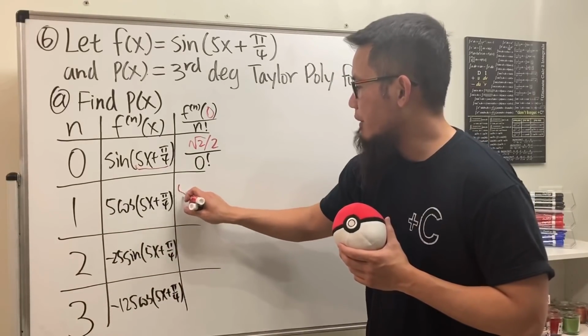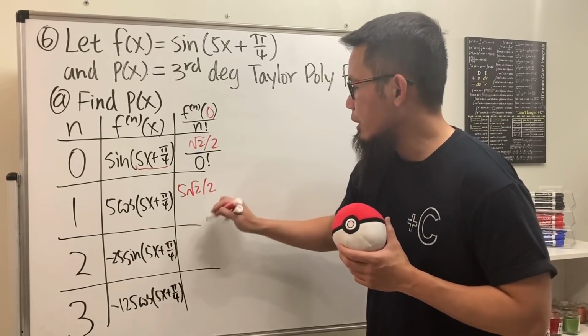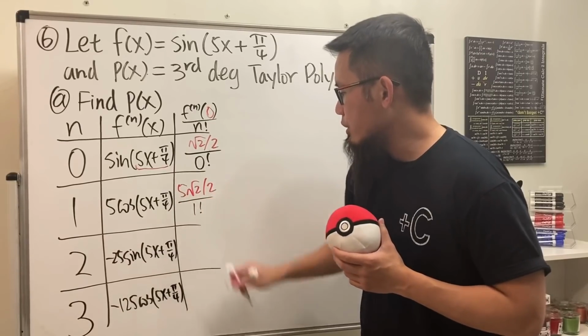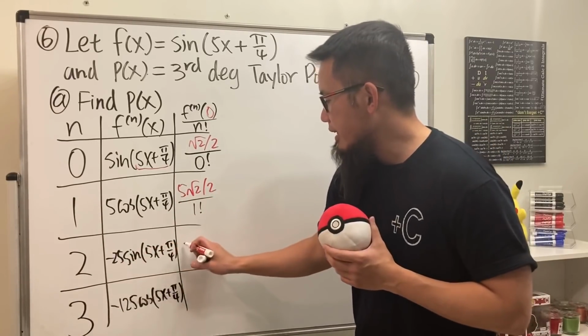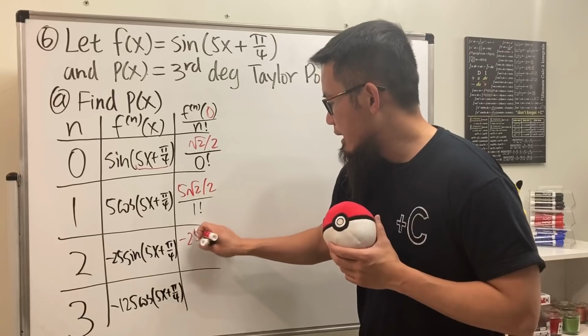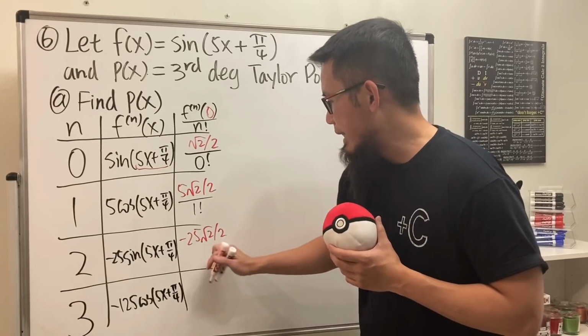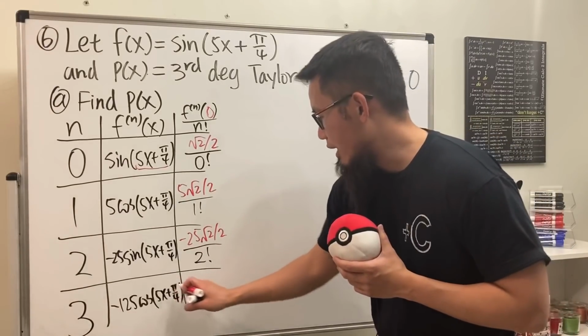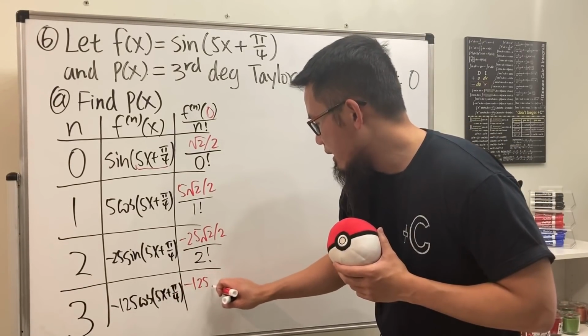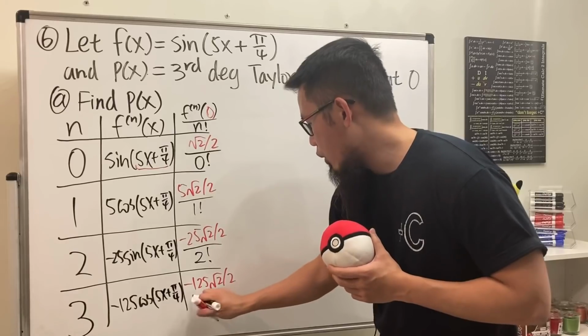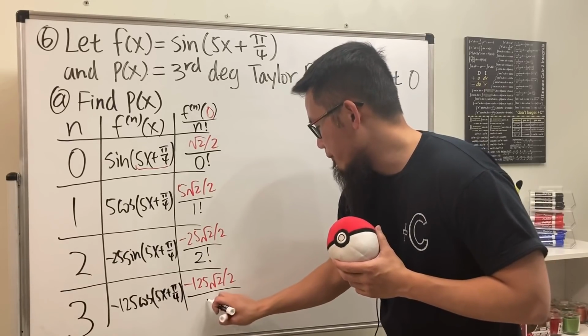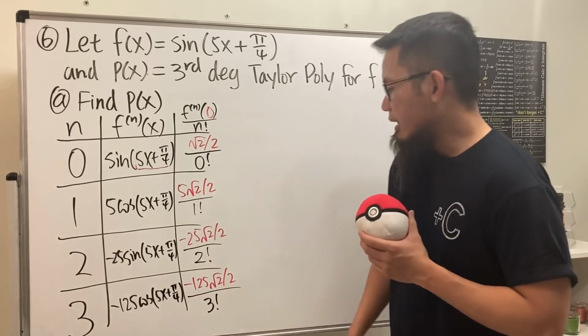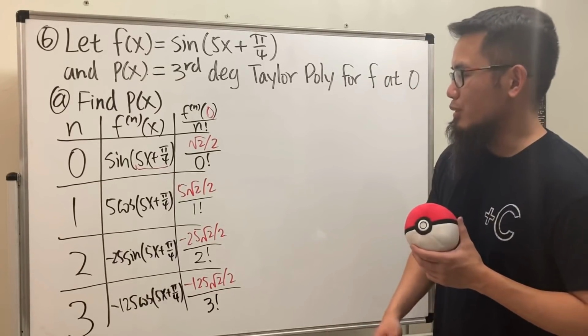So I will put down 5 square root of 2 over 2 and divide it by 1 factorial. Here we have negative 25, and then square root of 2 over 2, and then divide it by 2 factorial. And then lastly, do the same thing. So we have negative 125 square root of 2 over 2 over 3 factorial. And I don't think you need to simplify anything. You can just leave it like this.